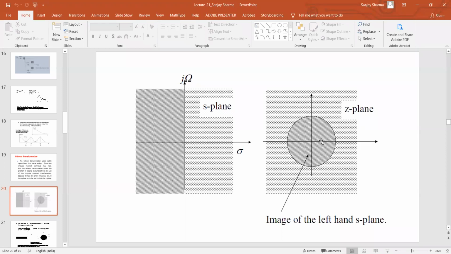So those strips will go into the unit circle, right? So there is a possibility that the poles can go outside the unit circle and will lead to an unstable system. But in this case, since the complete left side of the j omega axis will go inside the unit circle, there is very little chance that the poles will go outside the unit circle. All right. So bilinear transformation is a better choice, and it of course avoids the problem of aliasing.